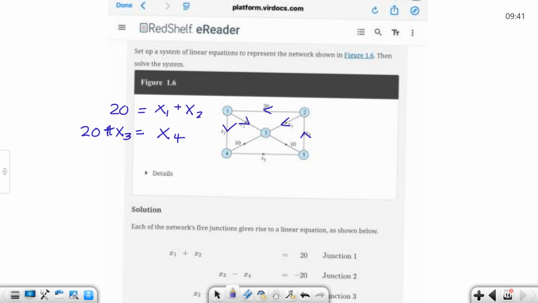And so you see what's happening. So if we look at junction box 3, X2 is coming in and X3 is coming in. And 10 and 10 are leaving, so that would be 20 that are leaving.